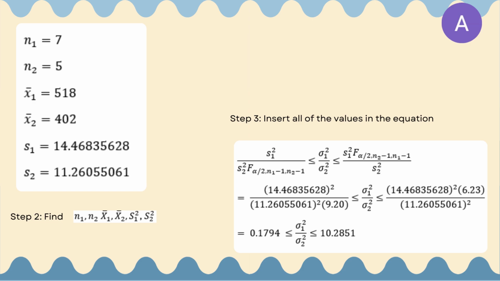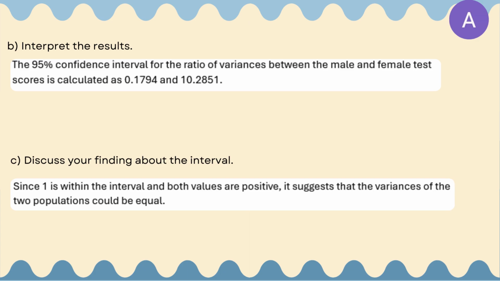And last but not least, for step 3, we just need to insert all of the values in the equation that we constructed in the first step. And the final answer will be 0.1794 less than sigma square 1 over sigma square 2 and less than 10.2851. As for question 4b, interpret the results.